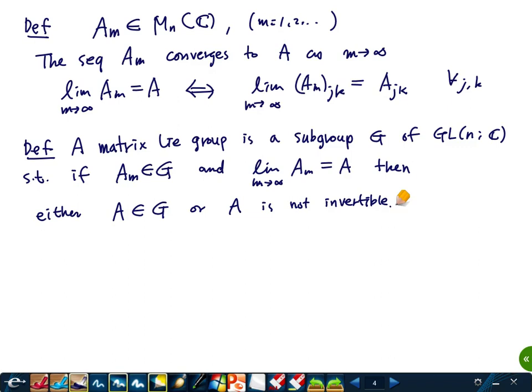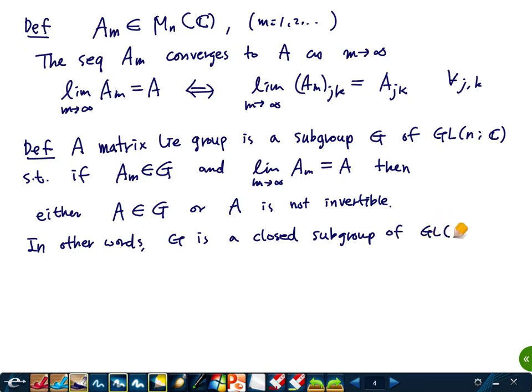So what does that mean? So in other words, equivalently, we can say that a matrix Lie group G is a closed subgroup of GL_n(R) or GL_n(C).